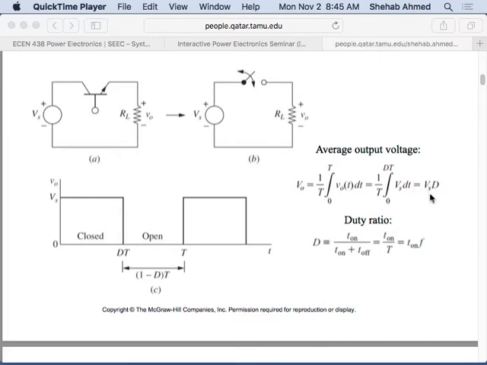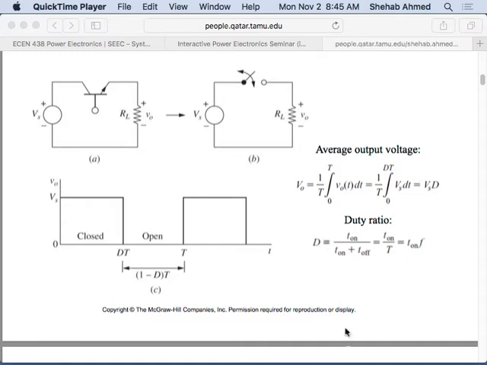If my input voltage Vs is 10 volts and I want an output voltage of 5 volts, what's my duty ratio? Half, right? So I always have to have a duty ratio of half. But is this equation talking about switching frequency at all? It doesn't. So I can get the same output voltage at a very different switching frequency, but I still have to maintain the same duty ratio.